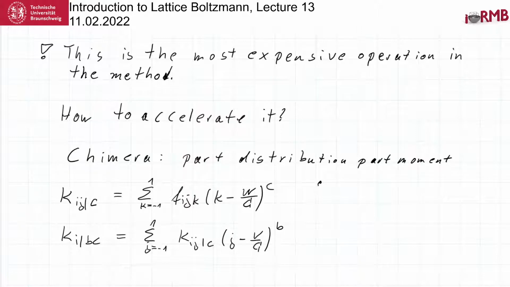By the way, we still have 27 incoming f's, but we sum only over 3 terms at a time.